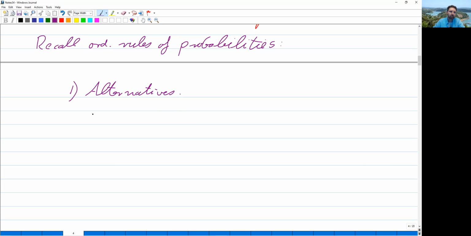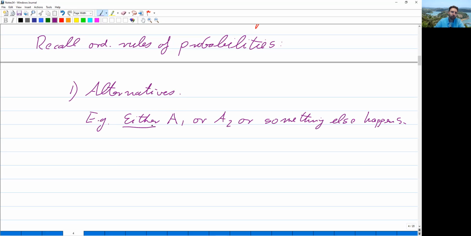So let's say, e.g., either A1 or A2 happens or something else happens. So it's either or. You can't have that A1 and A2 happen both, right? So it's either one or the other.